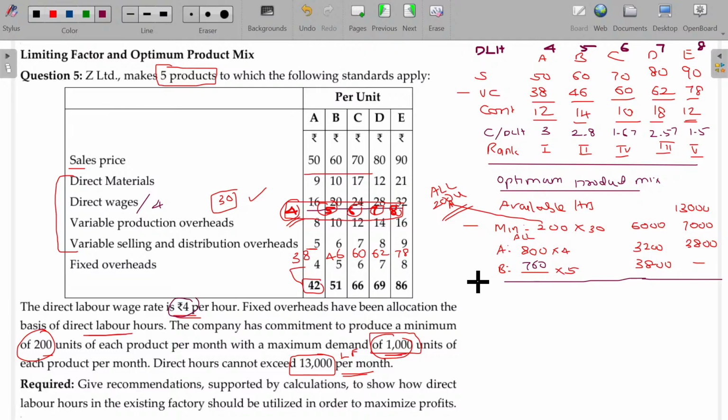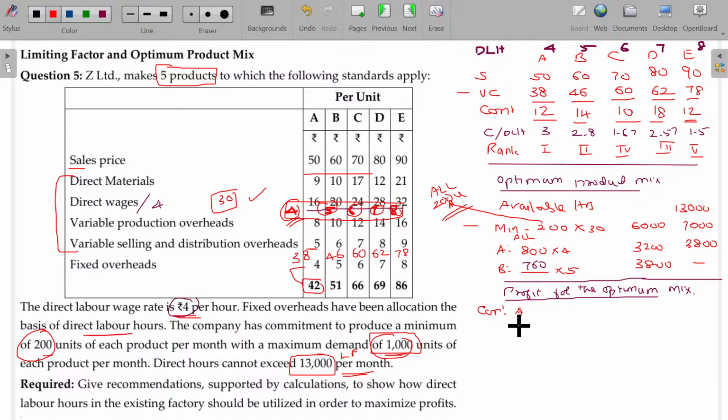Now compute your profit for the optimum mix you have recommended in the above calculation. First, you have to start with the contribution.